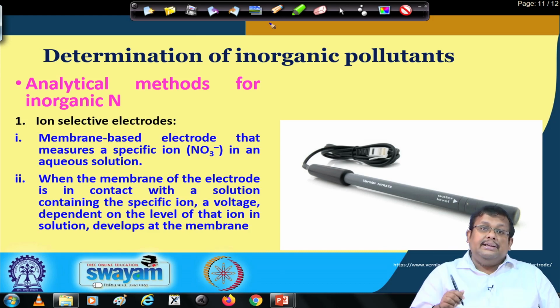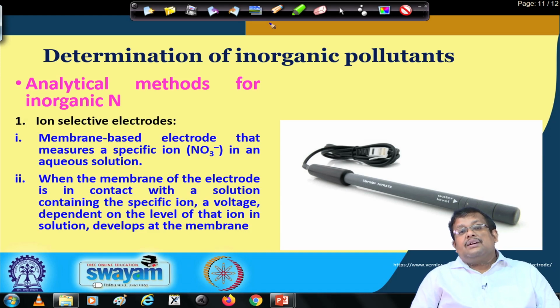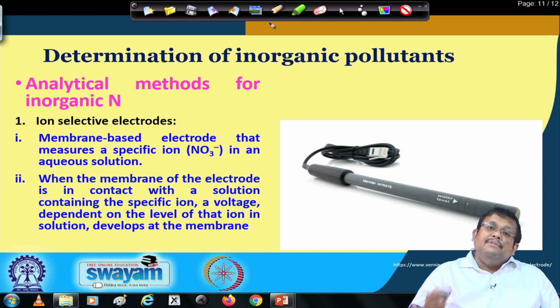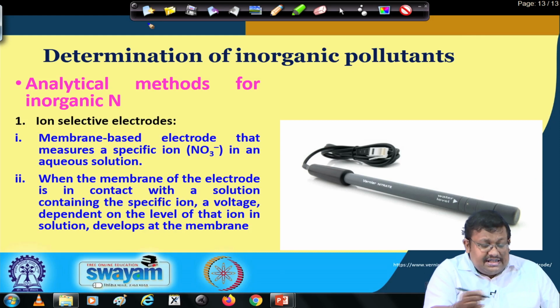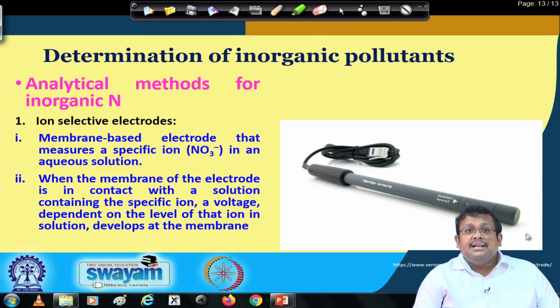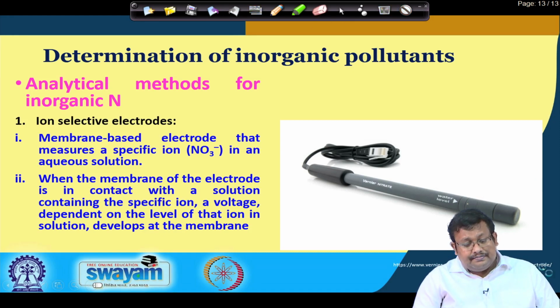When we dip it, the membrane of the electrode comes into contact with the solution containing the specific ion, and a voltage difference depending on the concentration of the ions develops across the membrane, which can be further measured. This is the basic principle of the ion selective electrode.